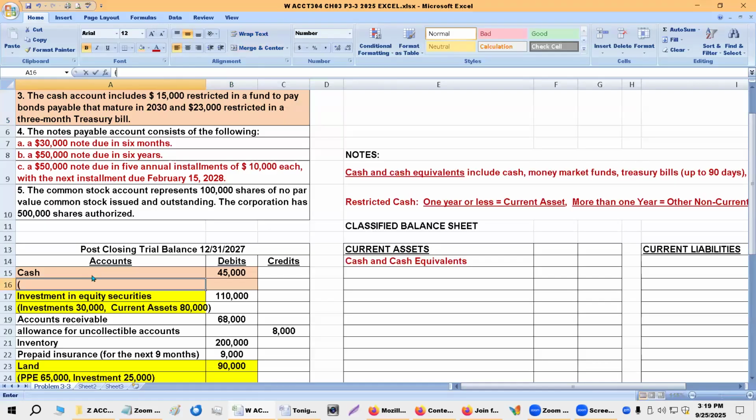So cash will be restricted, 15,000, and that will be an other.